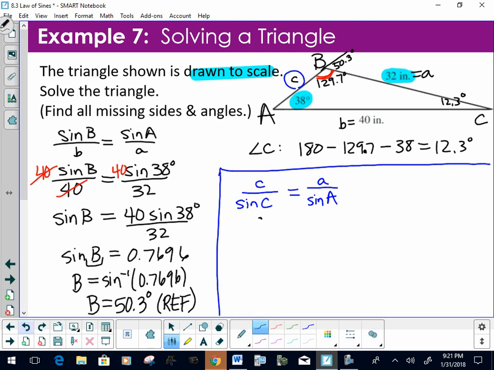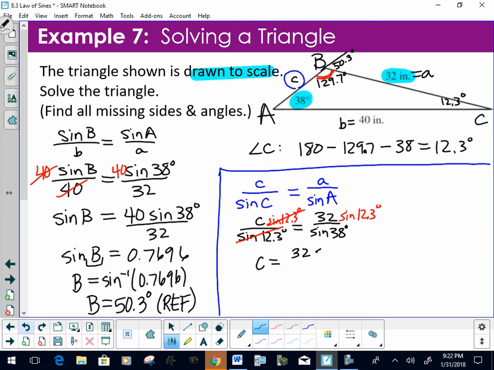So as we substitute in, we know that angle C is 12.3 degrees. We know that side A is 32 inches, and angle A in the denominator is 38 degrees. If we're trying to solve for C, we're going to multiply both sides of that equation by the sine of 12.3 degrees, and that has solved C for us.